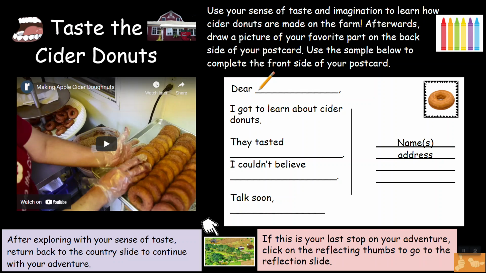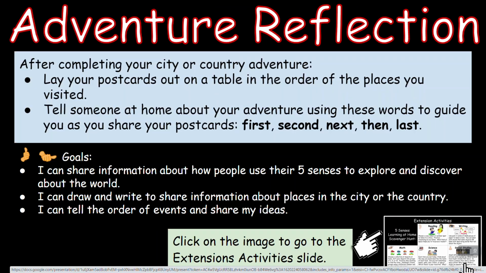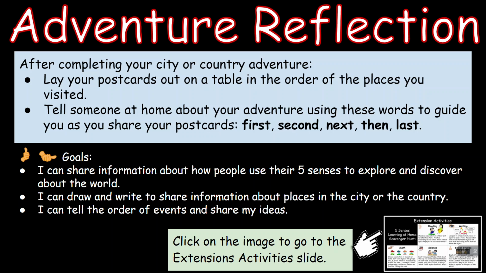When you are all done exploring, you may come over to the reflecting thumbs to check out the reflection slide, and this would be awesome, especially if you completed the postcard part, okay, because you can lay out your postcards on a table and you can tell someone about your adventure using these words.